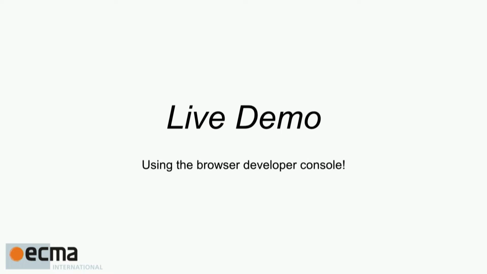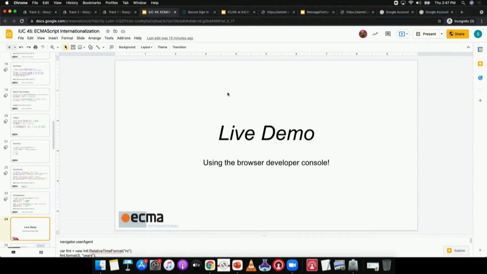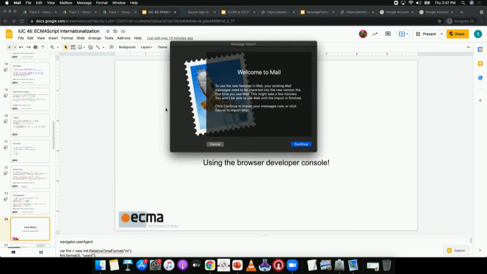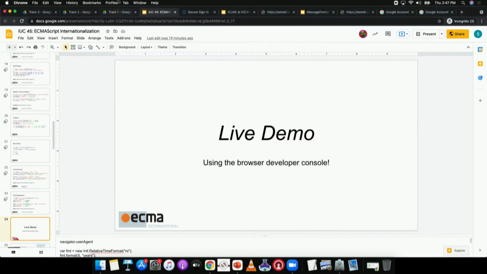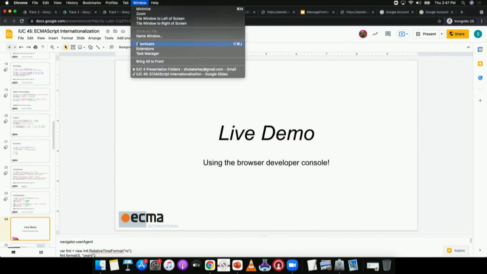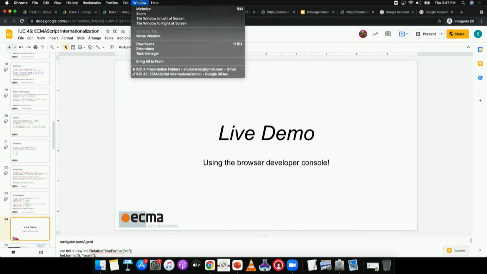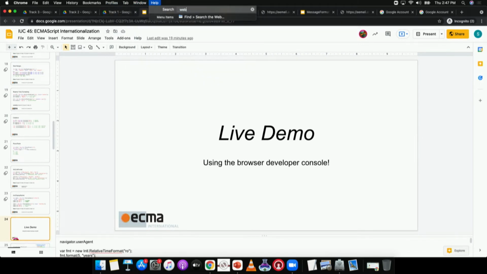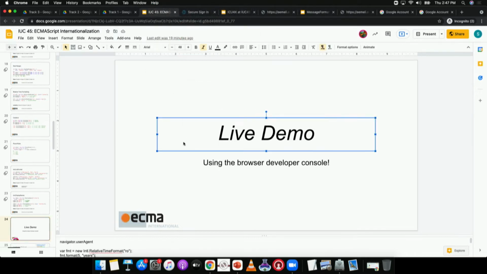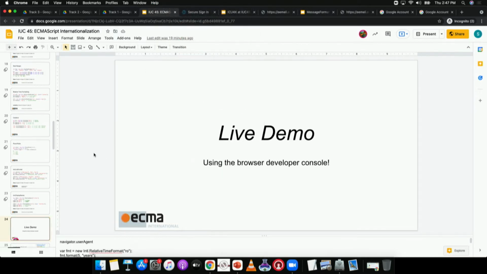Okay, luckily when we do a live demo of ECMAScript, all we need is a browser. So I'm just going to go ahead and I have a browser right here. I'm just going to open up the web inspector. Is the web inspector enabled in this computer? Maybe the web inspector is not. Let's see. There's the inspector.